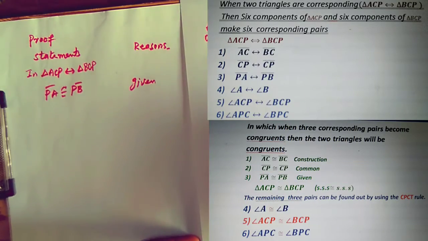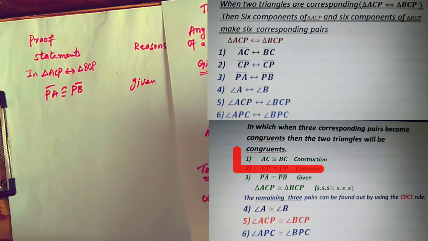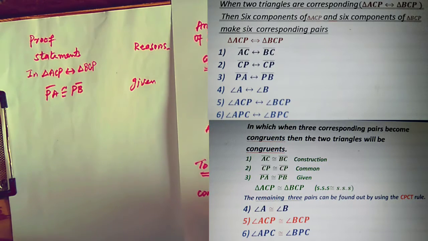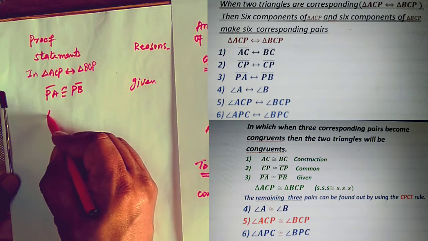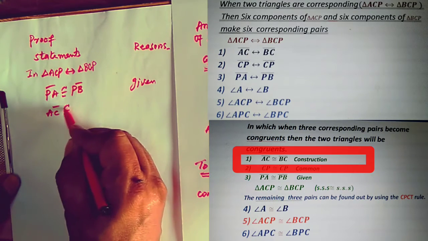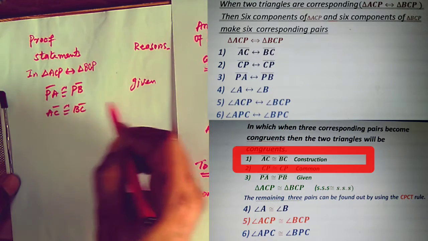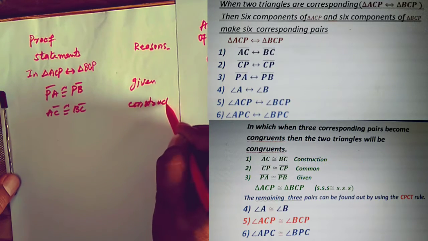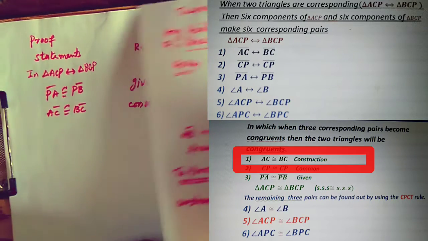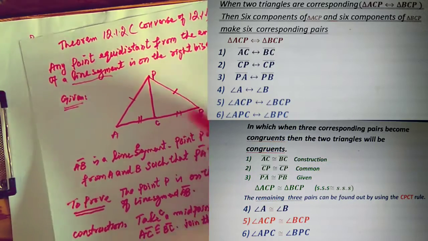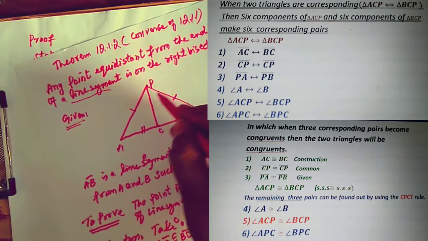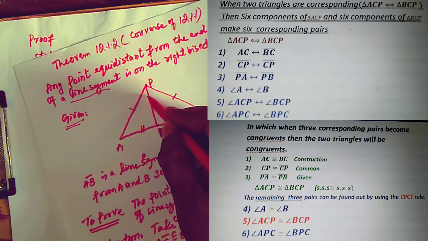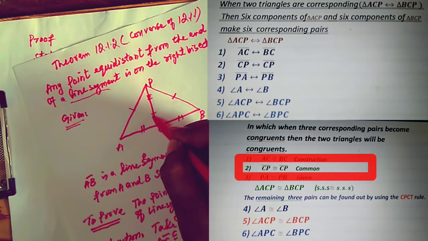The second pair is present in the construction: AC and BC. And the third pair is present in the common side PC.